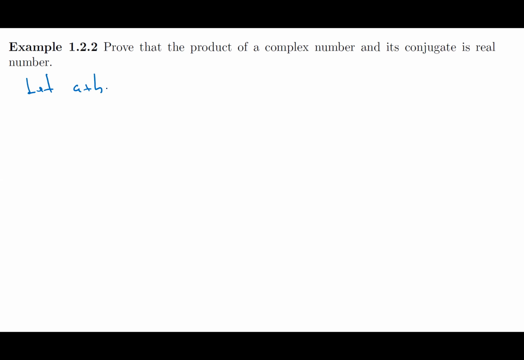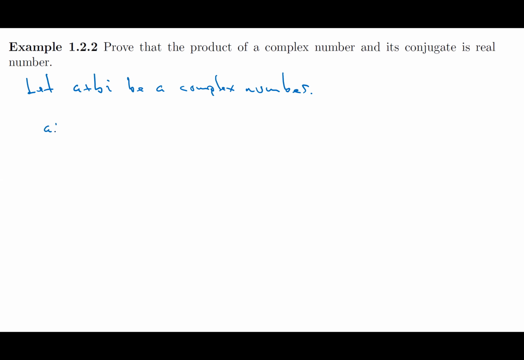Let a plus bi be a complex number. Now, when I say that, implied in this is that a and b themselves are real, right? a and b are real numbers.